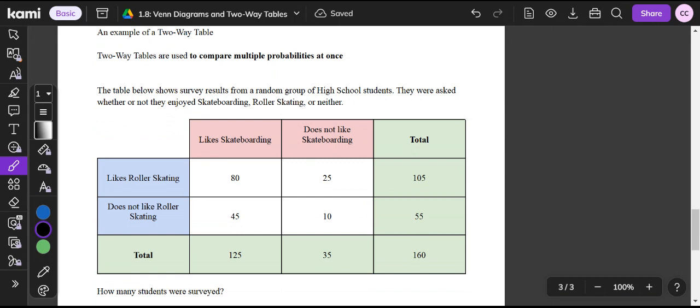So I would make a quick note of that because you guys are getting ready to do a survey project. So this is how you organize data for a survey.